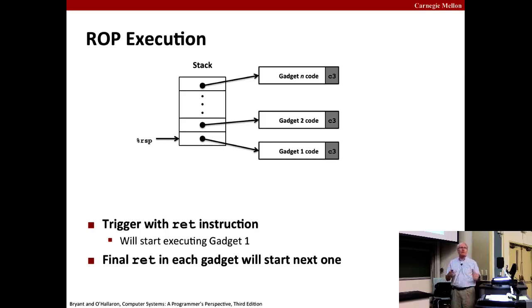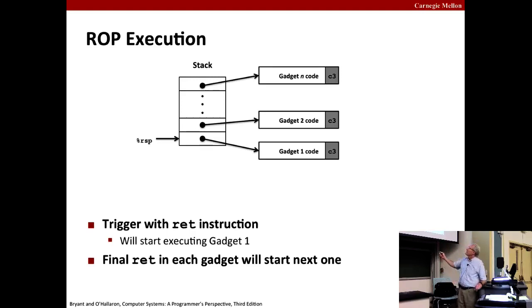And you might ask, well, what's so special about having them end in a return? Well, imagine I could fill up my buffer, instead of with executable code, with a series of gadget addresses. Each gadget is then some series of bytes where the final byte is C3. And I'll position this at the place where you're going to do the initial return instruction from before.